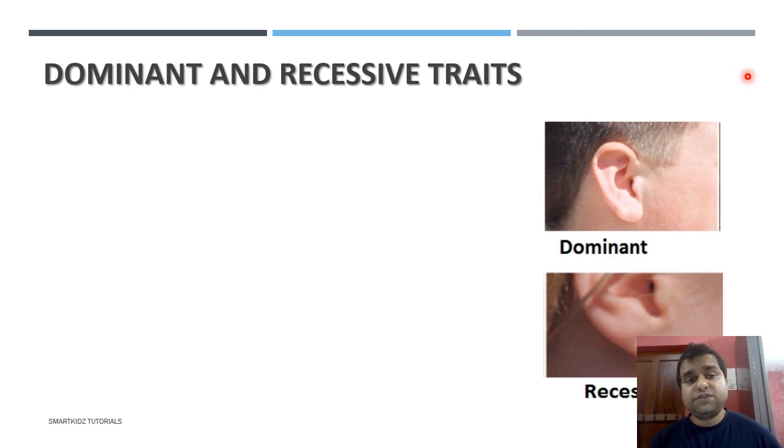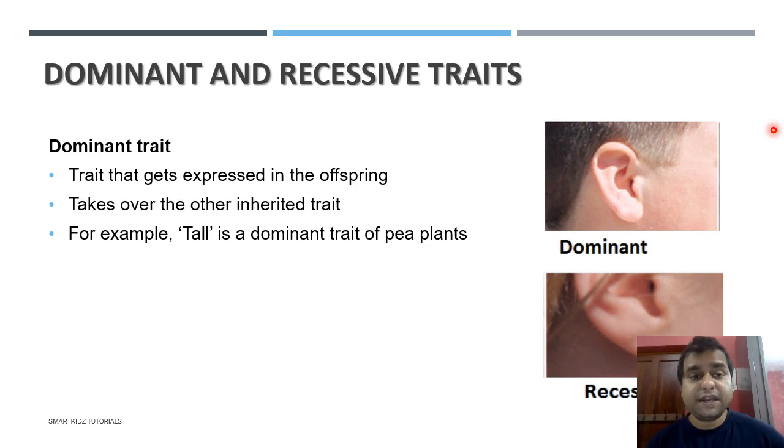That brings us to the topic of dominant and recessive characteristics. What are dominant and recessive characteristics or traits? In our garden pea plant, what was dominant? The tall plant. Why do we call it dominant? Because both tall and dwarf plants were the parents, so there should have been an equal amount of dwarf as well as tall plants.